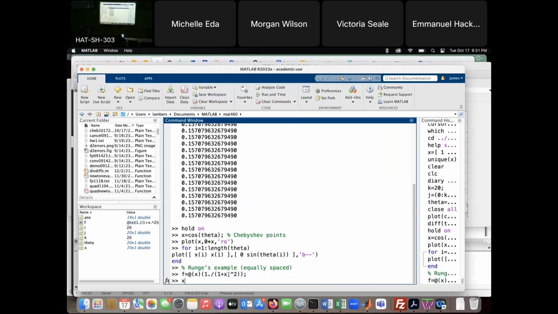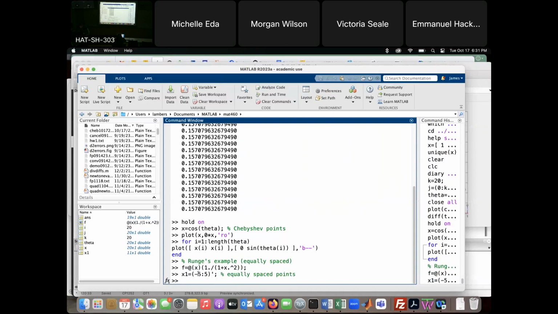Now, I have x defined to be my Chebyshev points, but I need to define another x vector. x1 is going to be -5 to 5. These are equally spaced points. And there are 11 points in total, so this is going to be a degree 10 polynomial.